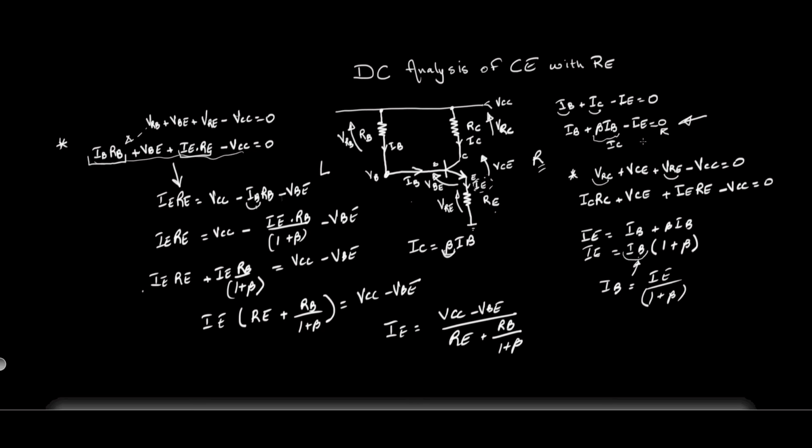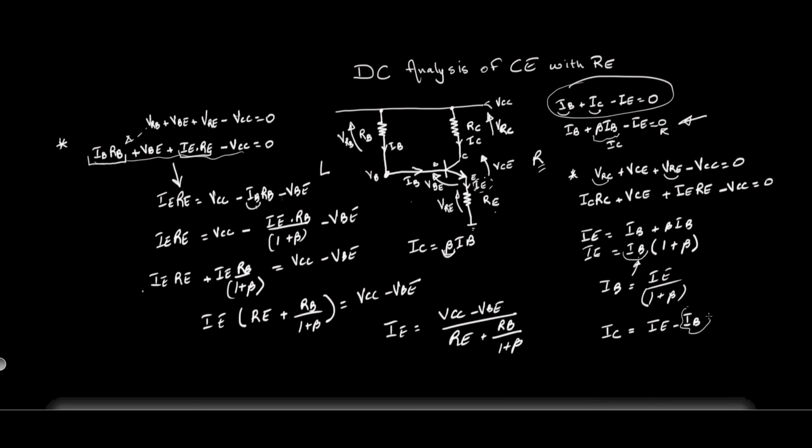Sure. There is a relationship between, right here, we can come back to this and say, okay, well, what is IC? Well, there are several things we could do. We could say that IC is equal to IE minus IB. Okay?